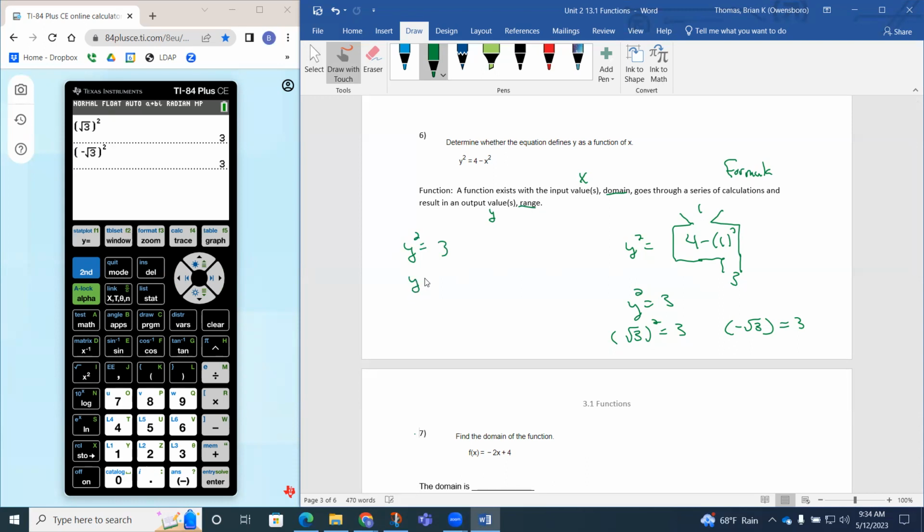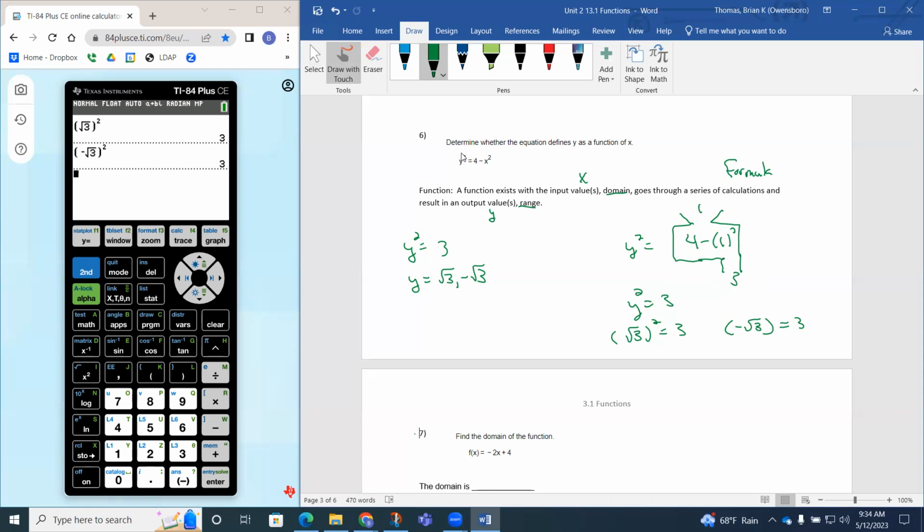But notice how in the end, y is going to equal this square root of 3, and it's also going to give me this negative square root of 3. So it's actually giving me 2 different y values, and that cannot be possible.